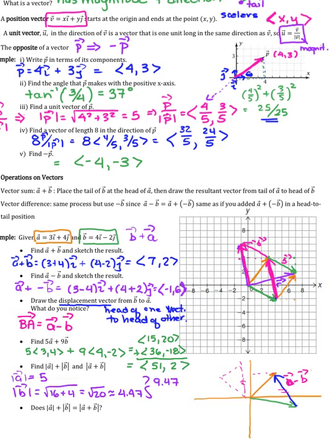Now A plus B, we have this up on top. Remember that A plus B was 7, 2. So the magnitude of A plus B is going to be 7 squared plus 2 squared, which is 49 plus 4, square root of 53, which is about 7.28.